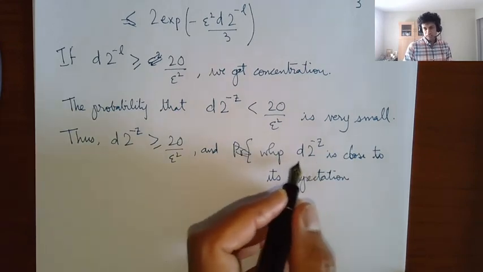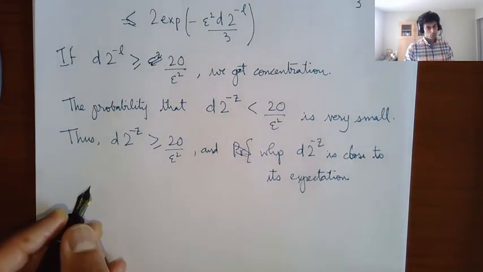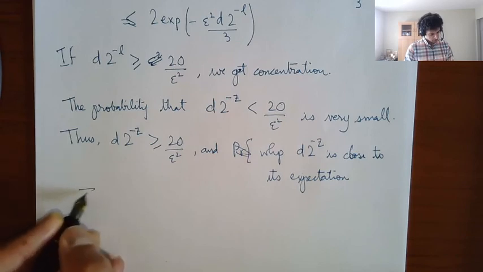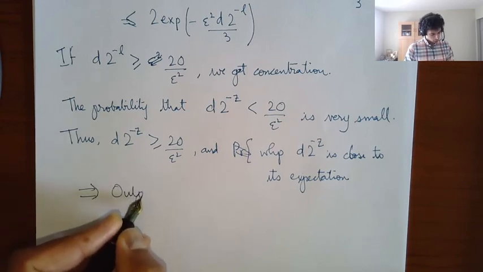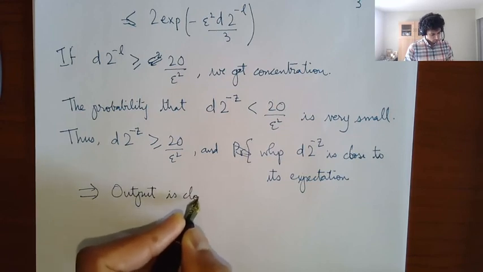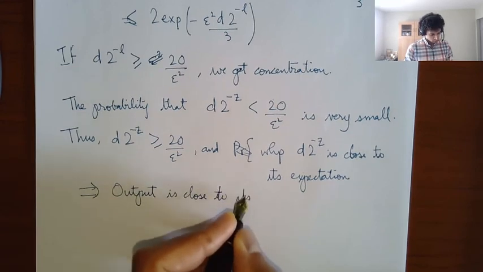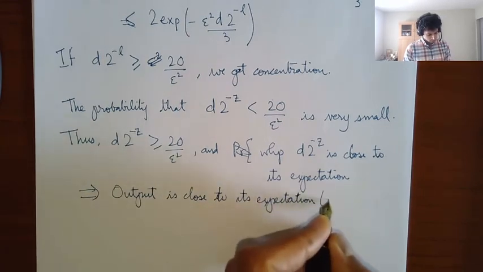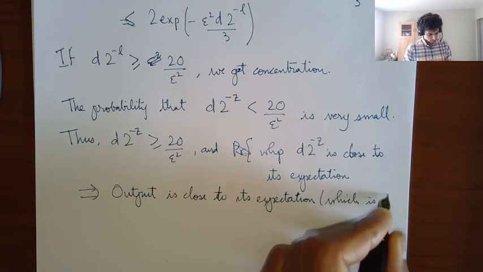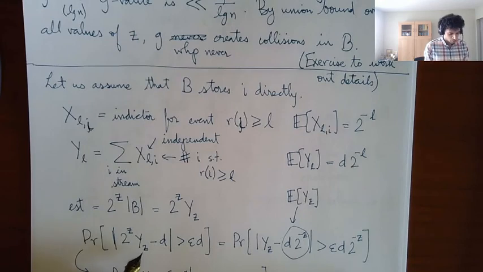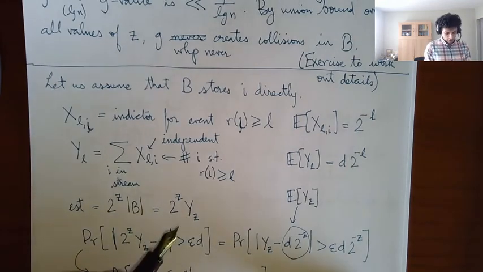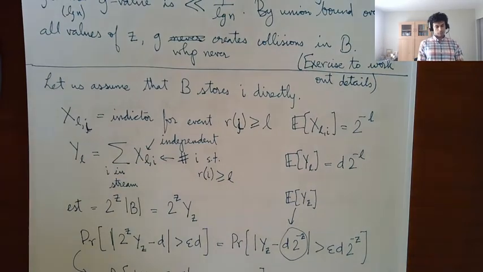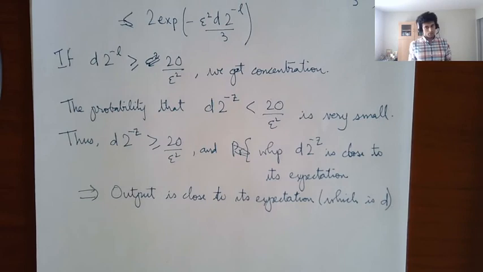Remember, the output was 2 to the z times Y_z. And so if Y_z is close to its expectation, which is d times 2 to the minus z, multiplying them together, the output is going to be close to its expectation, which is d.